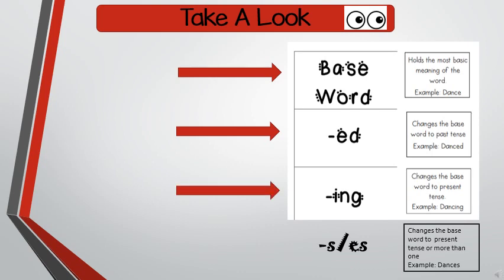Somebody is doing it right now in the present. Or you might see the word dance with an S at the end. And if it has the S at the end, it means that it is happening right now, dances. Or there are more than one.